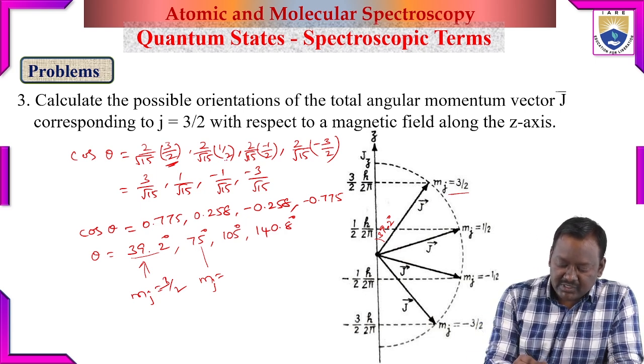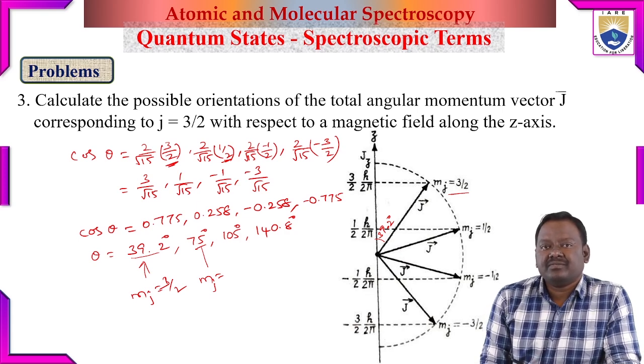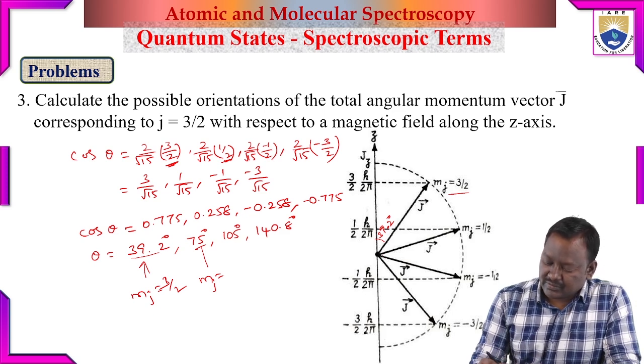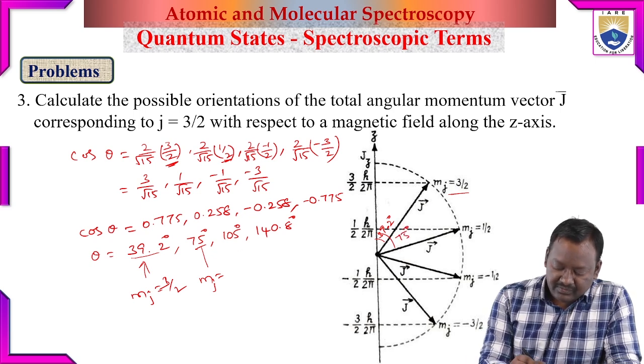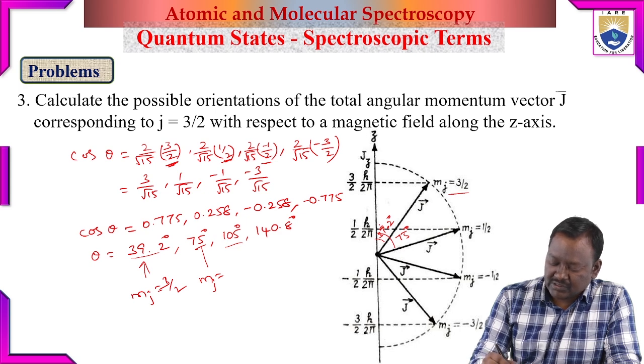And for mj value 1/2 we are getting 75 degrees. So for mj value 1/2, the angle made by the j vector with the z axis is 75 degrees. And for minus 1/2, we are getting 105 degrees.